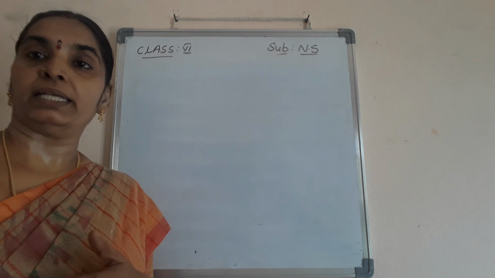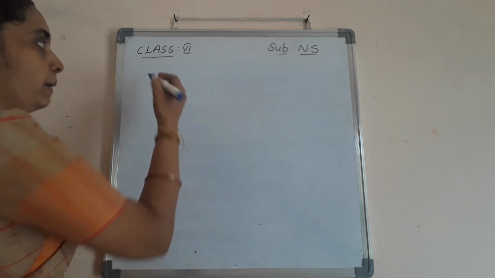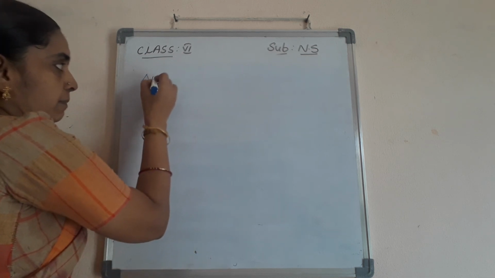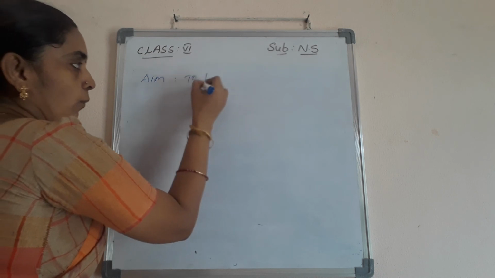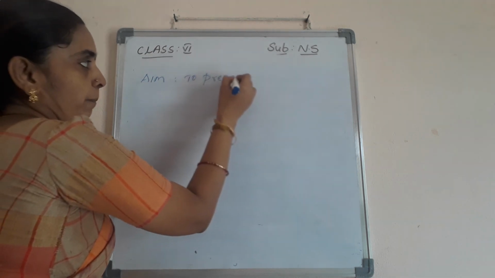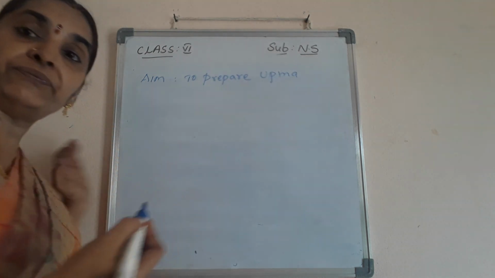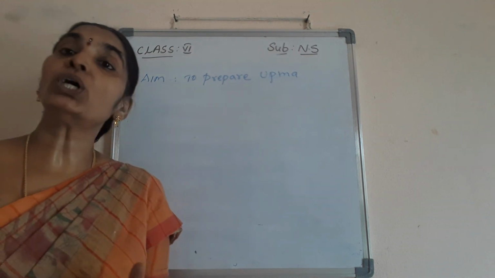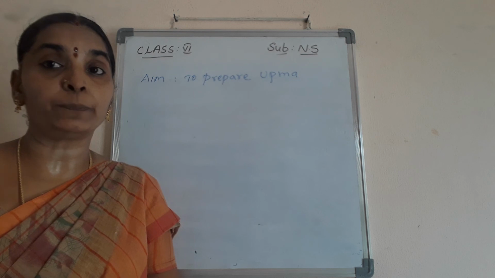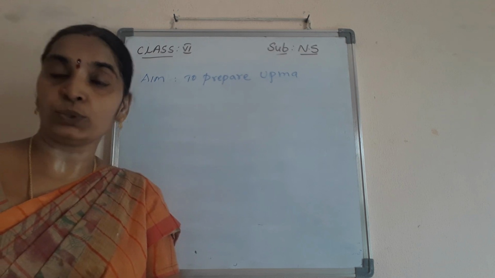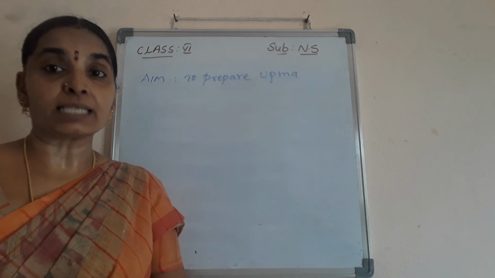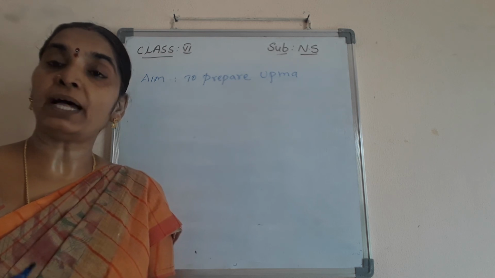For instance, if you want to prepare upma, how do you prepare upma? Upma can be made tastier by adding different ingredients. What are the ingredients that are required to prepare upma? Ingredients, you know it. Ingredients means the substances that are required to prepare a food item.